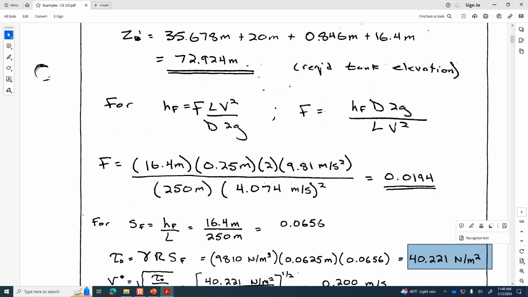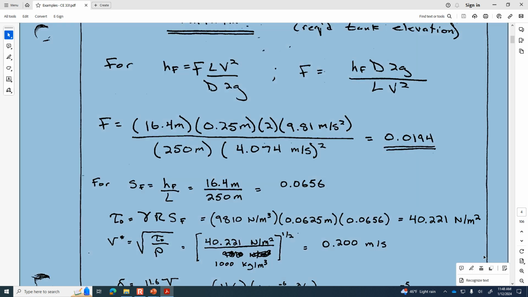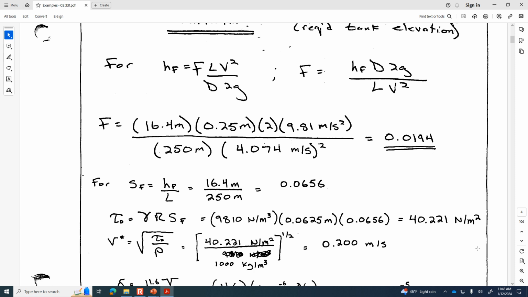And then finally, with the shear stress, we can calculate the shear velocity by dividing the shear stress by the density of water, the density of the water being 1,000 kilograms per cubic meter. Take the square root. So the shear velocity is 0.2 meters per second.